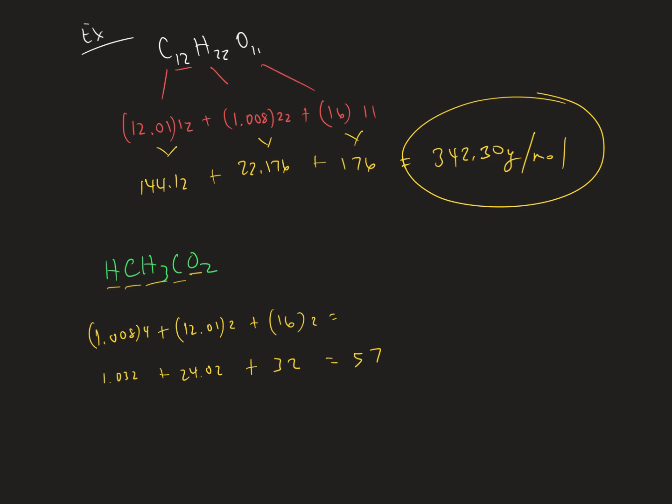Oh, did I do it wrong? Oh, that's because this is a 4. My bad. About 60, right? 60 what? Grams per mole.